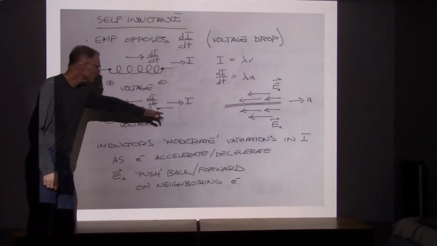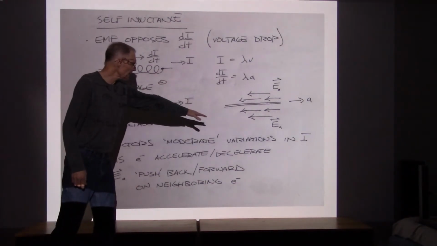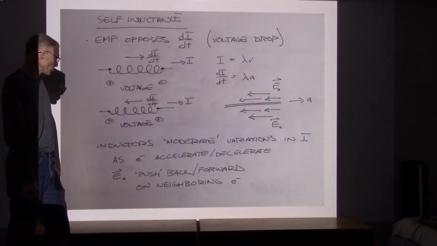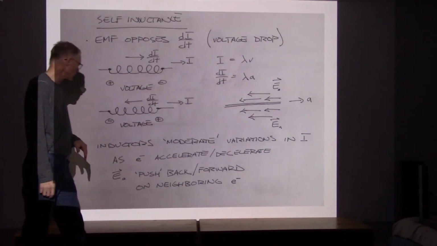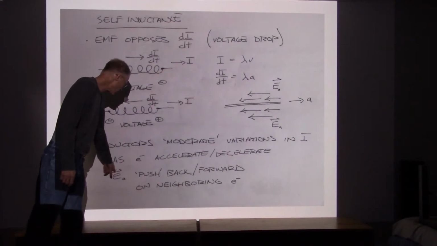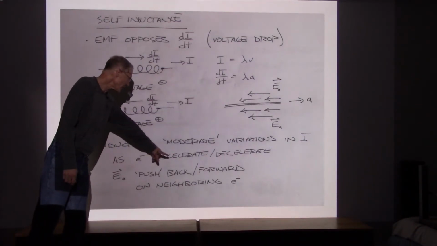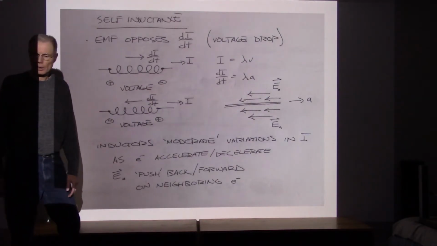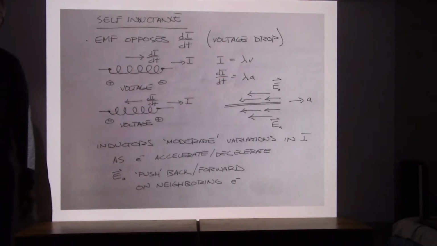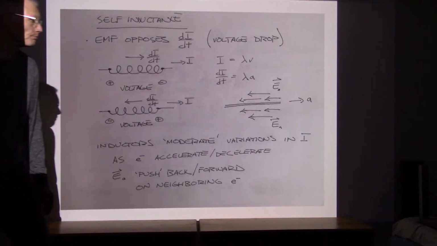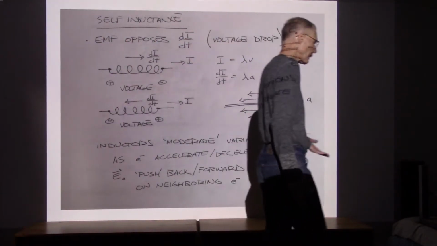So inductors moderate any kind of variations in the current as the electrons inside either accelerate or decelerate. They generate E fields that either push back or forward on the neighboring electrons. Okay, and that prevents any of them from slowing down too fast.